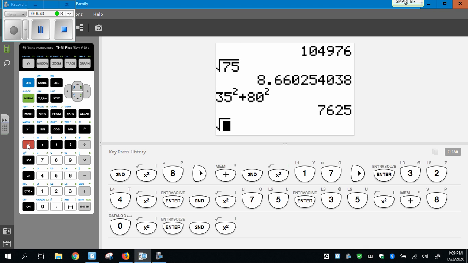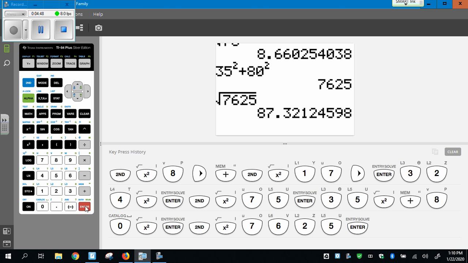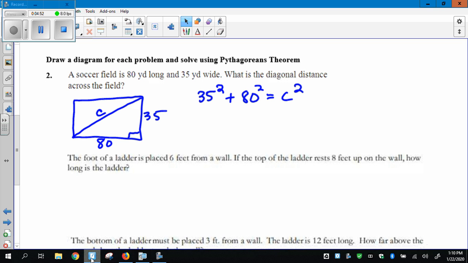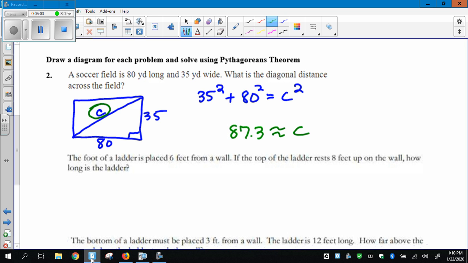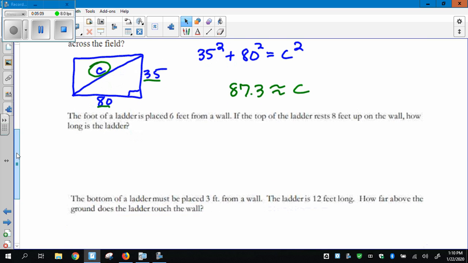And then I need to do the square root of that to get my side c, and that's about 87.3. Again, just as a quick check, your c should be longer than either of the sides that make up the legs.